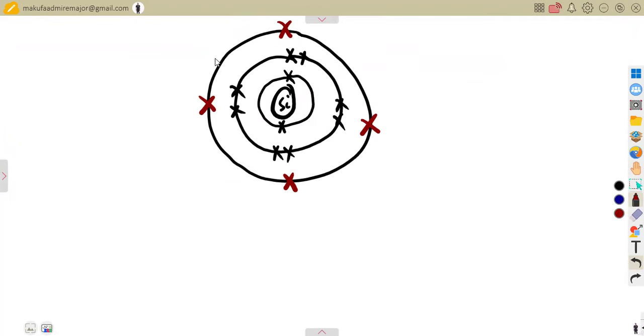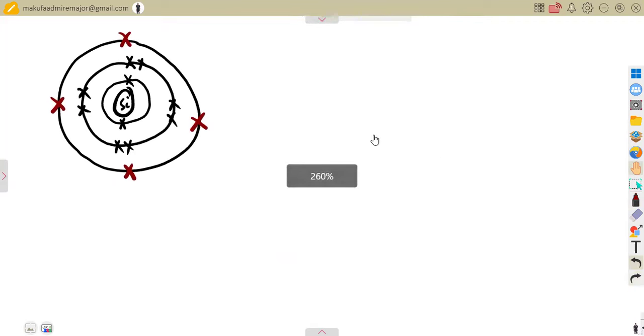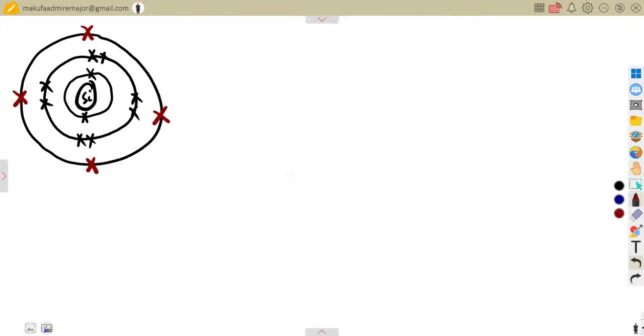Considering that it is electron sharing that is happening in the outer valence shell, we are going to consider what is on the outer shell, those four.